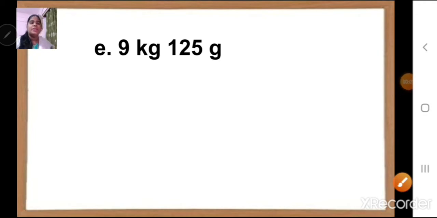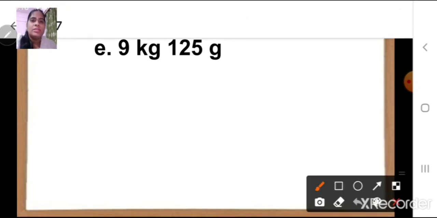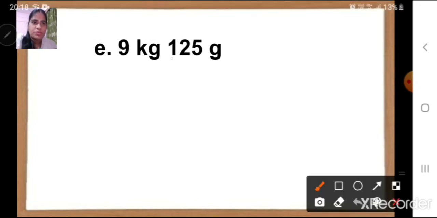So children, next one is 9 kg and 125 grams. Children, here we have both the units together and we have to convert into grams. Correct? So in this, first this number which is in grams, 125, we are not going to touch because it is already in grams. First we are going to convert only 9 kg.